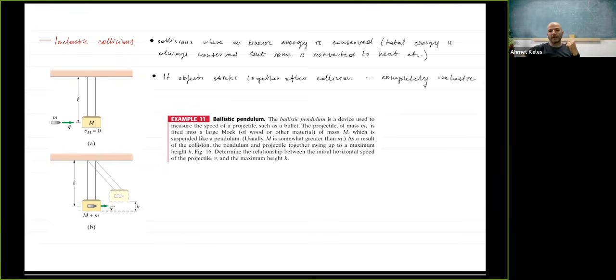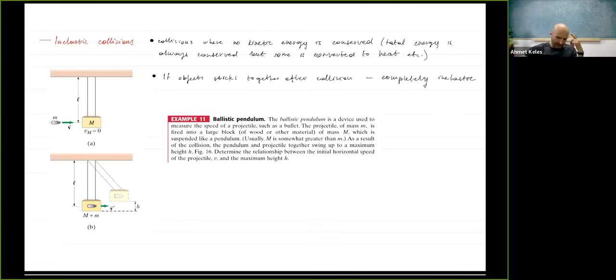Why completely? I don't know. For me it's just a name. But when people say it's completely inelastic, that's what they mean. They stick together. Which actually sometimes makes the problem simpler.